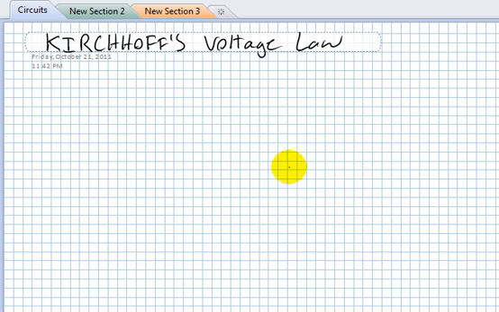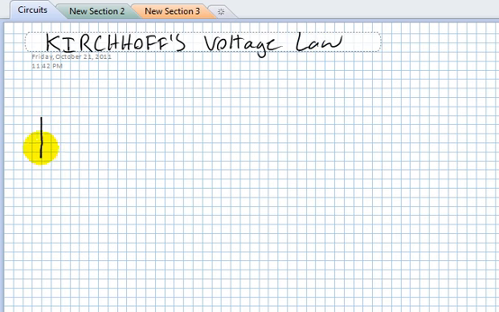Wow, my handwriting really sucks. It's pretty similar to current law, except you don't deal with the nodes, you deal with a mesh or a loop. And I'm going to explain what that is right now.